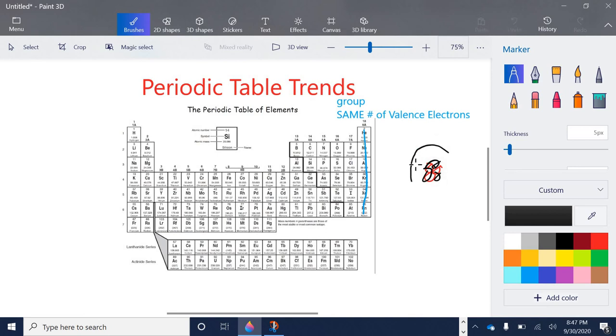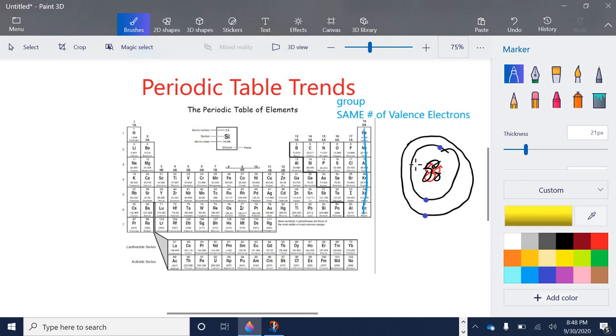I can represent energy levels with these ring shapes on a Bohr model. So whatever the highest or furthest out energy level is, the valence electrons are the electrons in this outer energy level. So like this, this right here would be a valence electron. Anything below that is inner electrons.